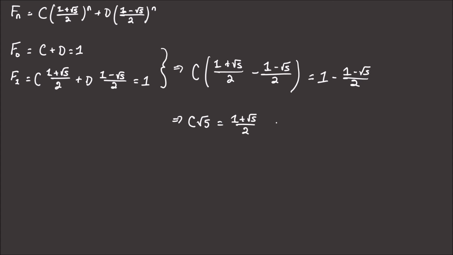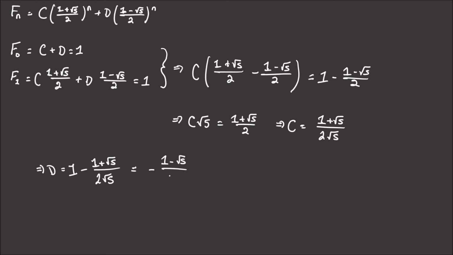And so c would be equal to 1 plus the square root of 5 all over 2 times the square root of 5. Well, this means that d would be 1 minus (1 plus the square root of 5 all over 2 times the square root of 5), which is equal to negative 1 minus the square root of 5 all over 2 times the square root of 5.